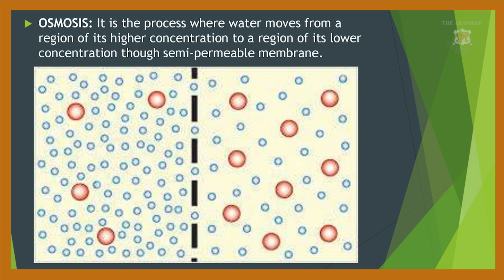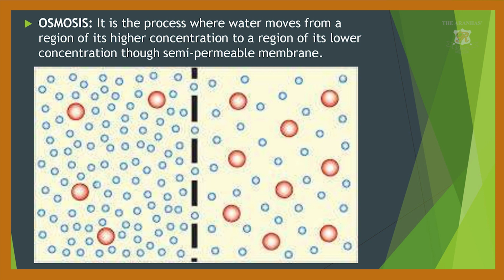Now look at this term, higher concentration. What do you mean by higher concentration? Higher concentration means the number of molecules is more at one side, and the number of blue molecules is less at the other side. It means a highly concentrated area of water molecules, right?